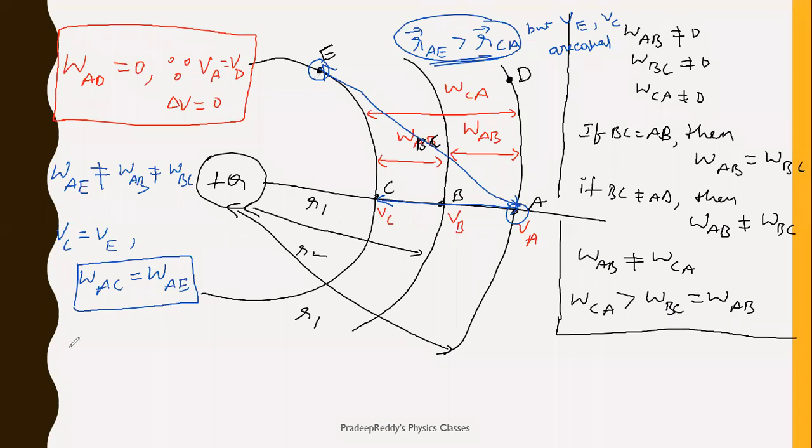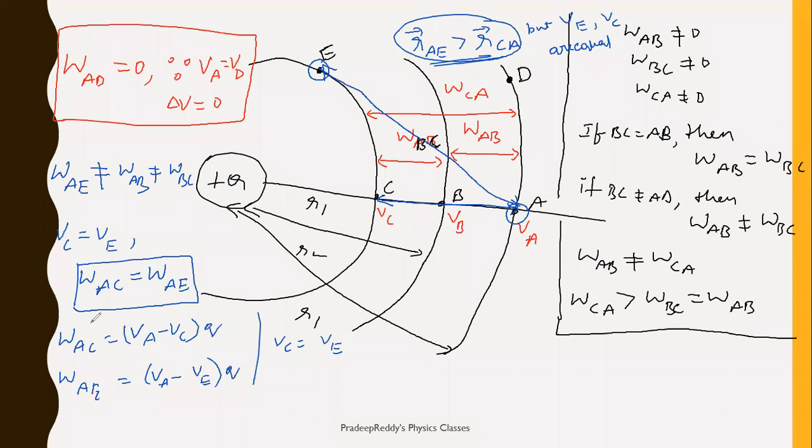How I'll show you. See, work done AC. How do you write here? VA minus VC into Q. Work done AE, how do you write? Work done AE is equal to VA minus VE into Q. Is it not? But what do we have? VC is equal to VE.